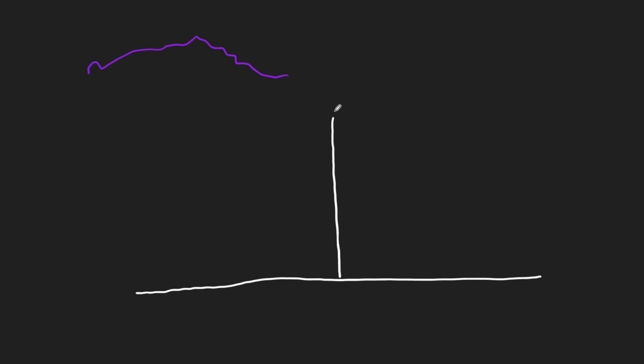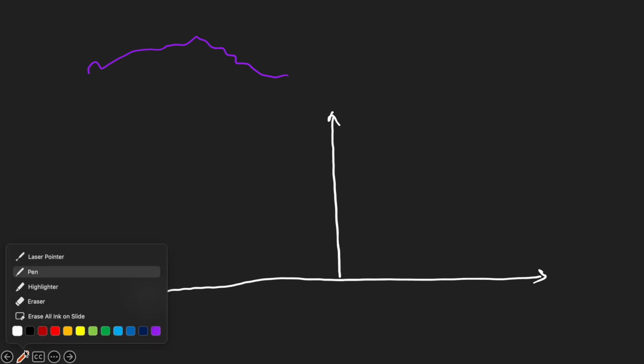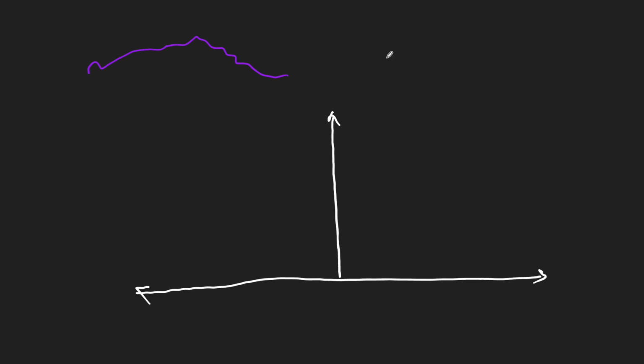Let me draw the coordinates x and y. This is the x-axis, this is the y-axis. And this purple color wire is bent in the form of a parabola y equal to kx square, right?